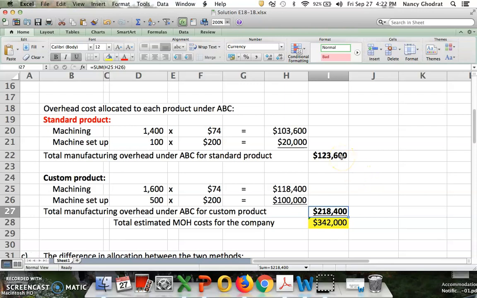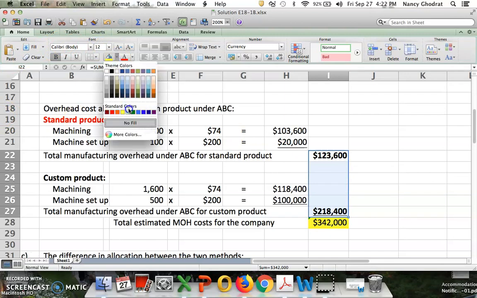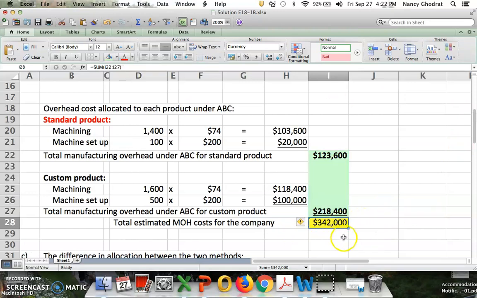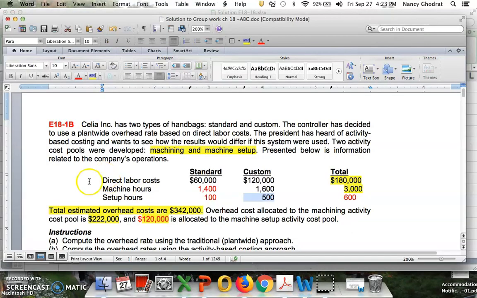And if you add these two numbers, the 123,600 and the 218,400, you will get the total manufacturing overhead cost of $342,000 that they gave us as part of the facts.